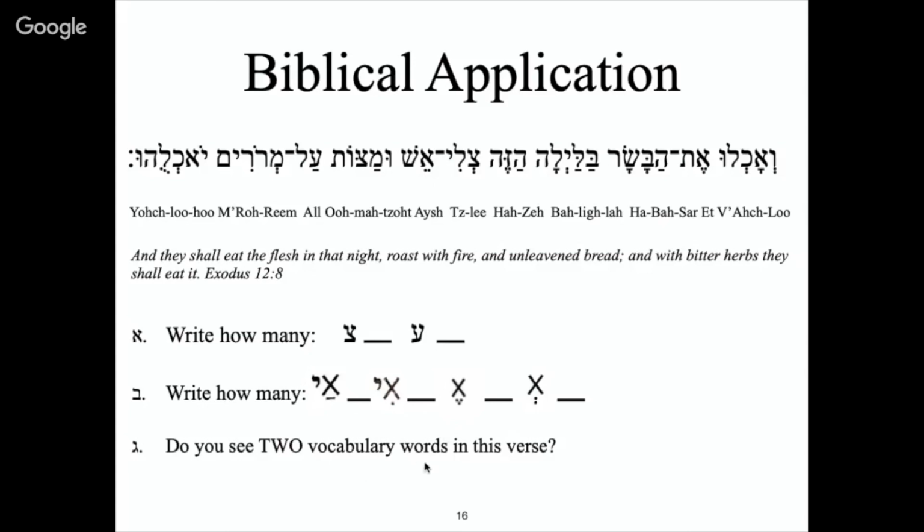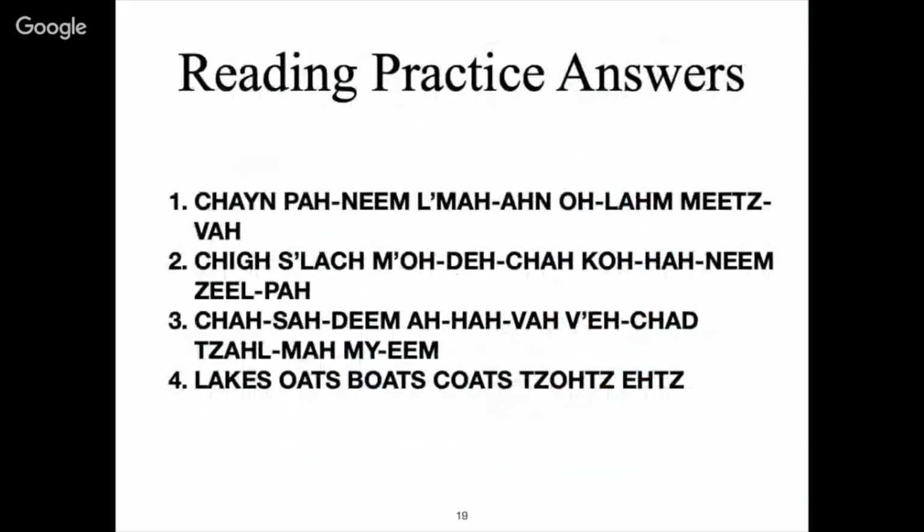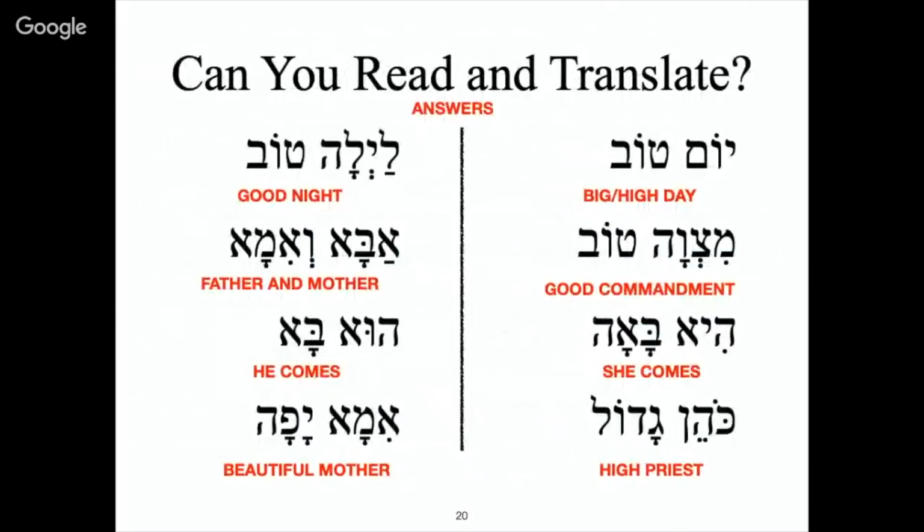There are 2 vocabulary words in this verse. And so you can see if you can identify the 2 vocabulary words that are in this verse. And again, the answers are in the back. So that is our beginner Hebrew class for today.